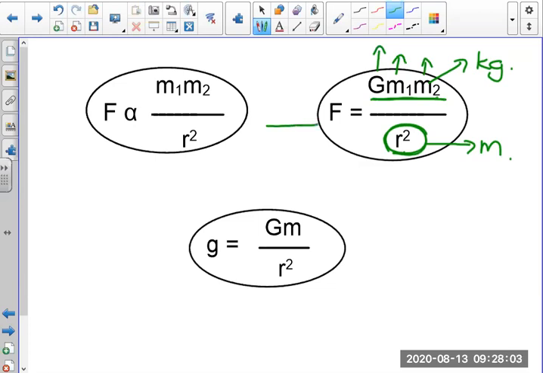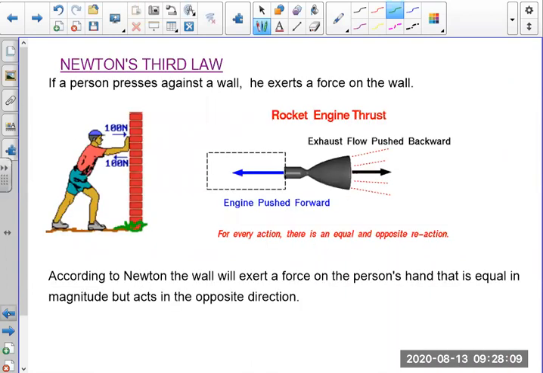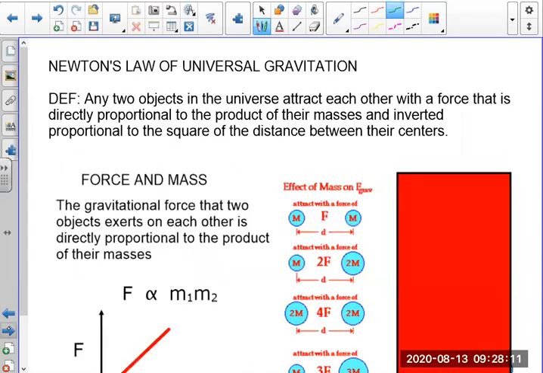This equation tells us Newton's gravitational law. So the definition for Newton's gravitational law is as follows. Any two objects in the universe attract each other with a force that is directly proportional to the product of their masses, force directly proportional to mass 1 times mass 2, and inversely proportional to the square of the distance between their centers.